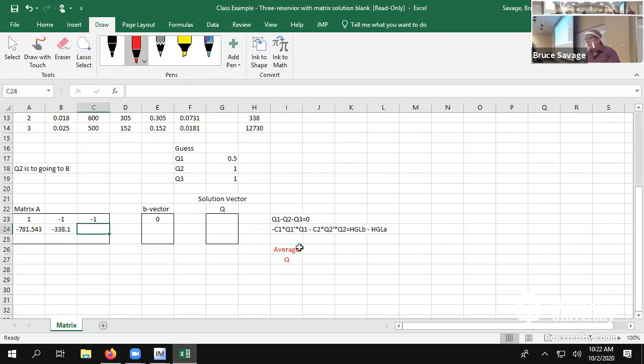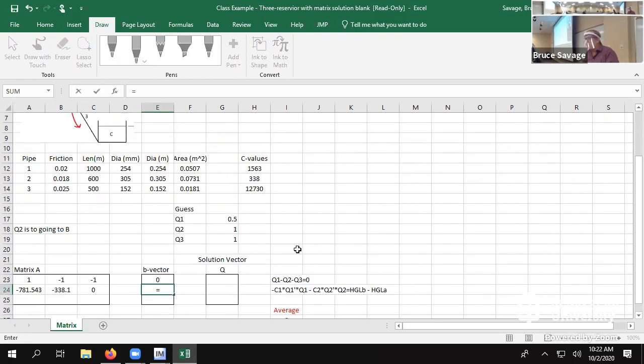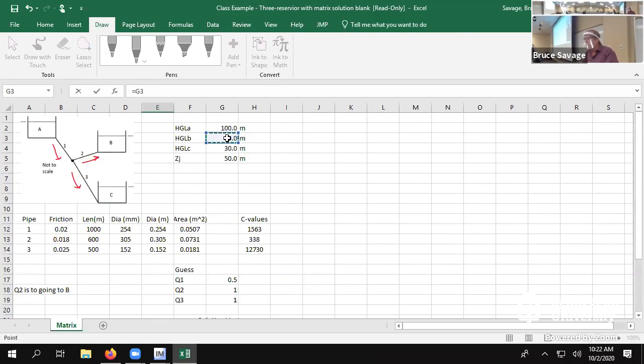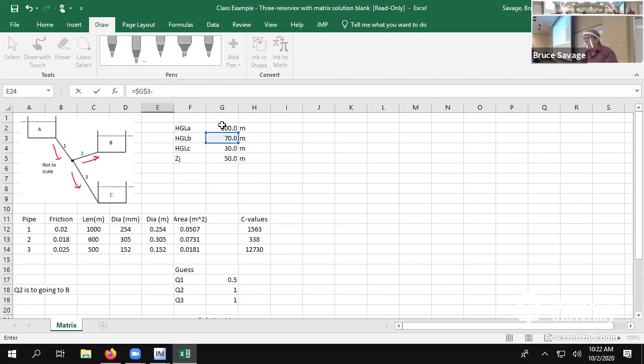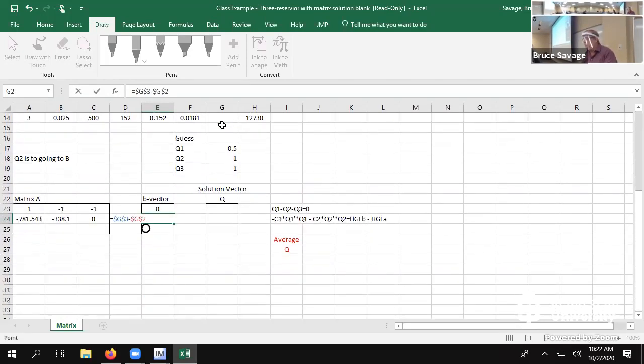All right, and then there is nothing for Q sub 3, so that's 0. And in my B vector, I'm going to get the hydraulic grade line at B, here I'll make that absolute value, minus the hydraulic grade line at A, absolute value. I'll go on that with F4, so that's negative 30. Okay.